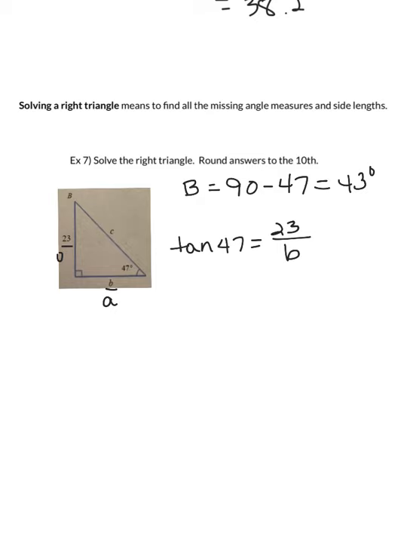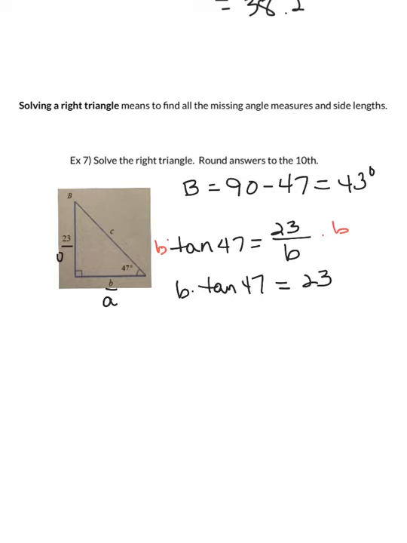So now we've got to fall back into our algebra and find what side B equals. The first thing that we are going to do is multiply both sides by B. Now we have B times the tangent of 47 equals 23.